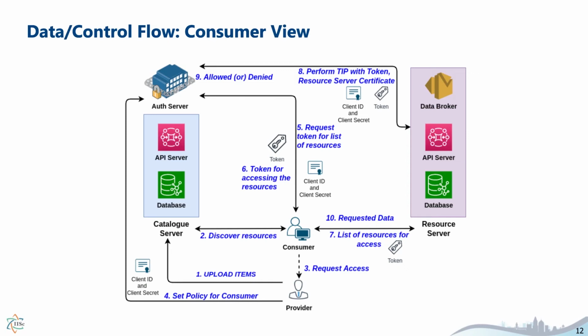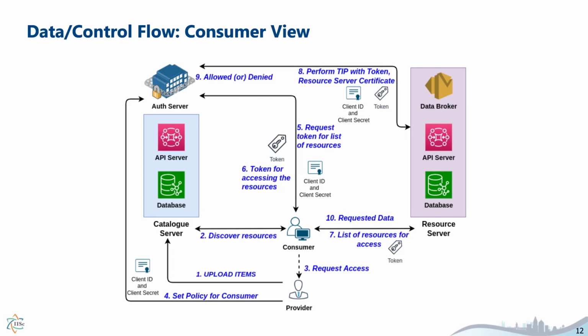The resource server now analyzes the token, and for that it can either decode the token if it's a JWT token, or it can perform a introspect like in step 8 with the authorization server using the resource server certificate.